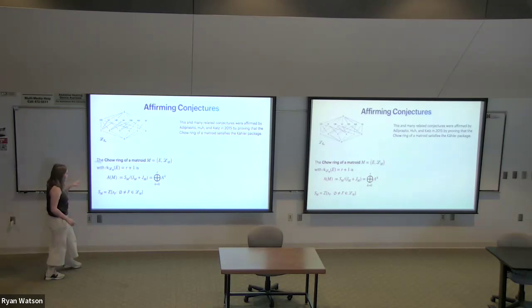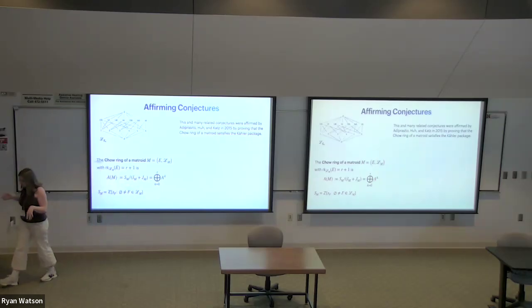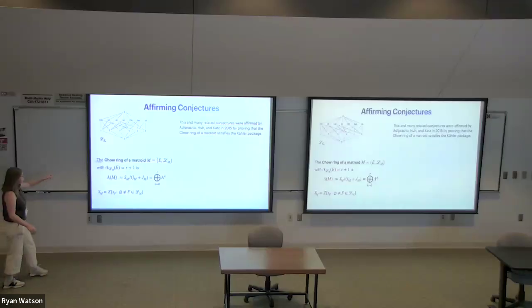But both of these ideals are homogeneous. So I have a nice graded ring, so I can then talk about the graded pieces of this ring. And the highest graded piece is of degree 1 less than the rank of the matroid.